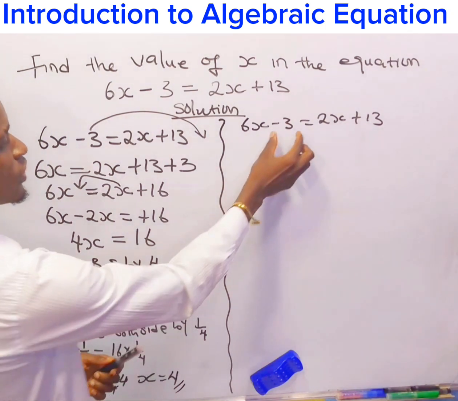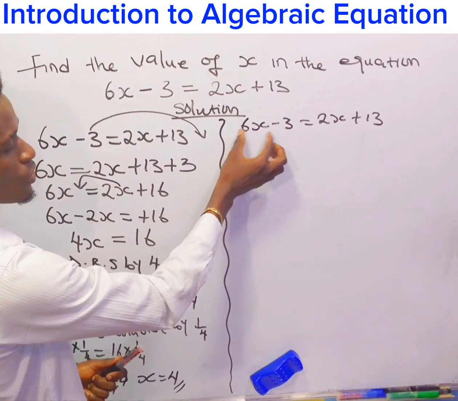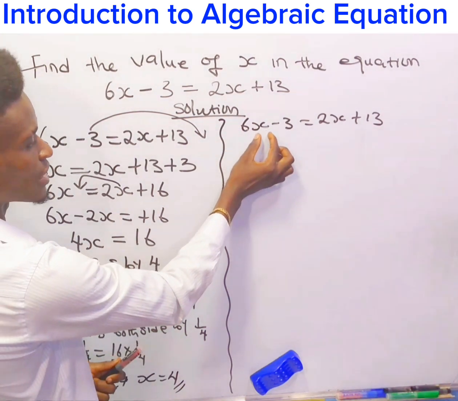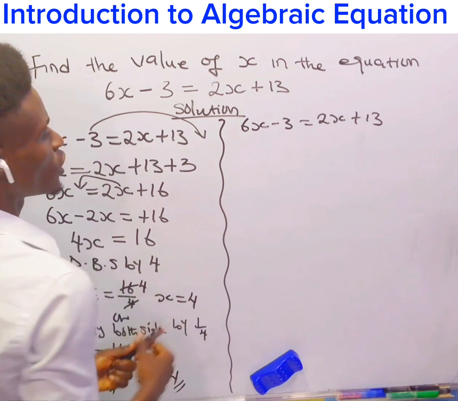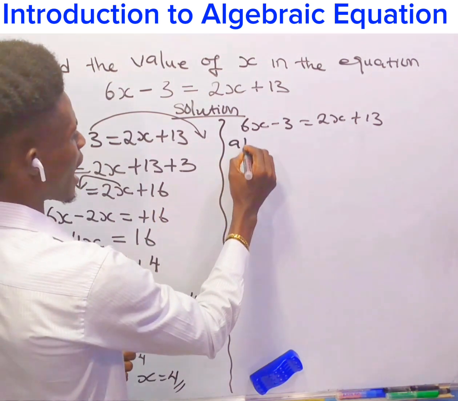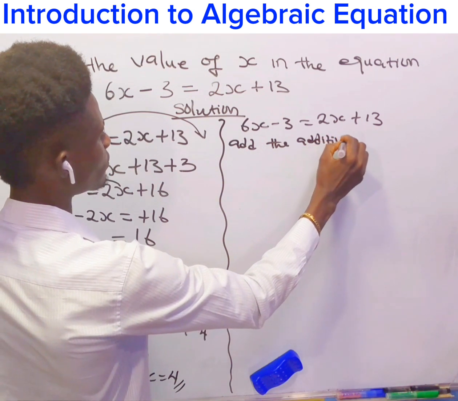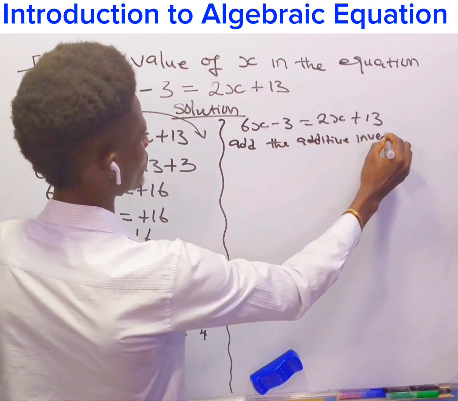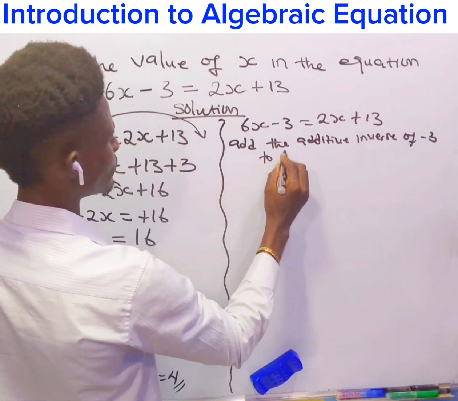Now, let's remove 3 because we will not eliminate x, because x is what we are looking for. We are looking for the value of x. So we will not eliminate x, rather we'll eliminate 3. To eliminate 3, let's add the additive inverse of negative 3 to both sides.